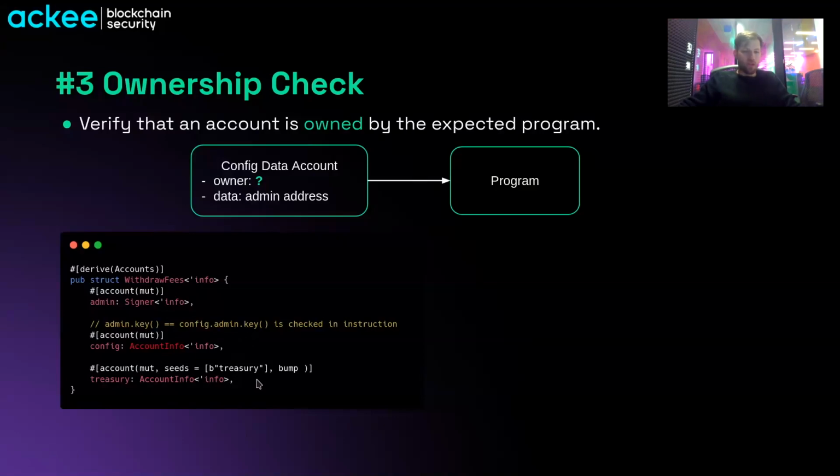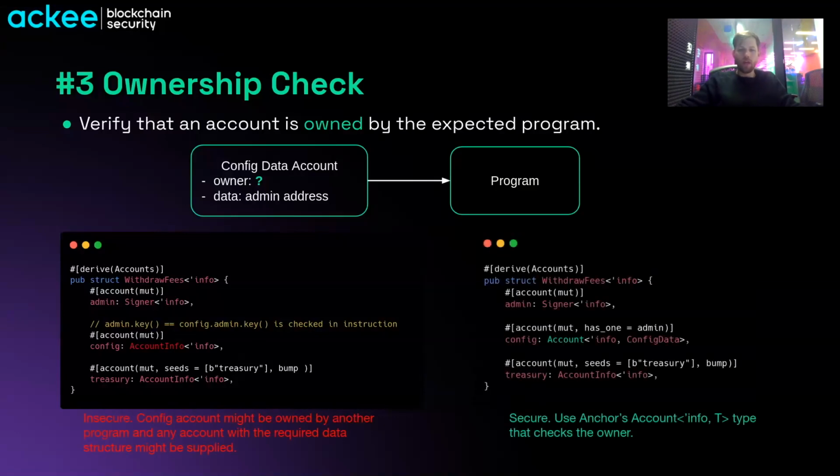So yeah, this is of course insecure, and the correct way to do it here is simply to use the account type. So the account type actually automatically checks the owner. So if you leave it just the way it is here on the right side, then Anchor will expect that the owner of this account should be your program, and actually it will check it for you automatically.